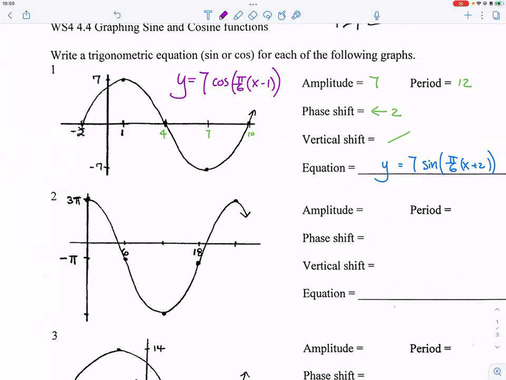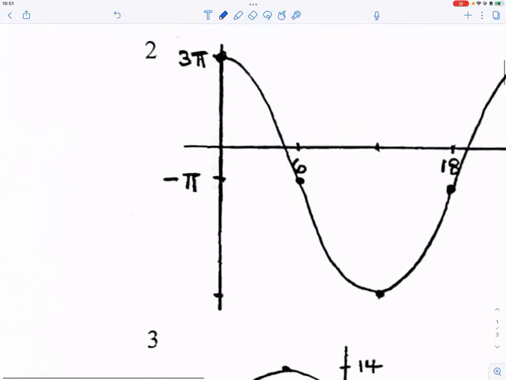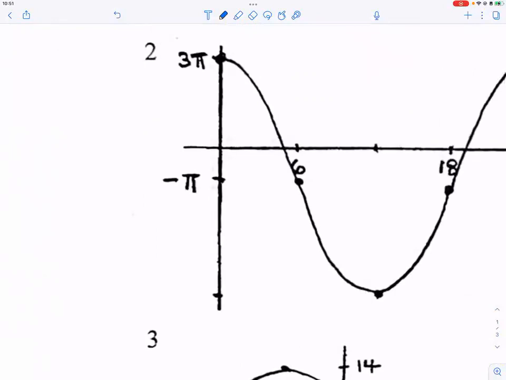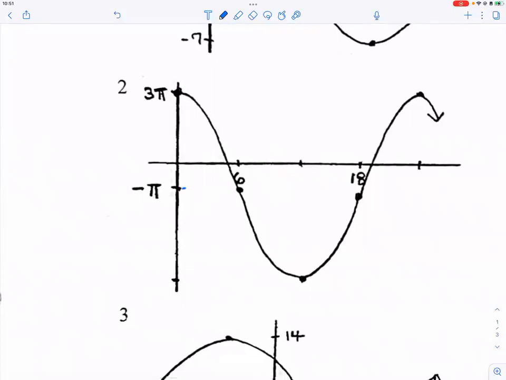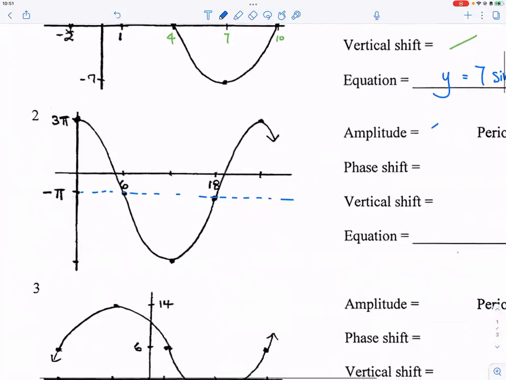Now, let's label the missing values on the x-axis and the y-axis. On the y-axis, this should be negative. Well, what's the midline? That's the midline, right? So the amplitude is 4 pi.